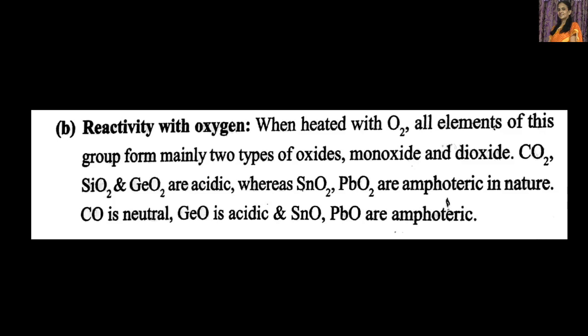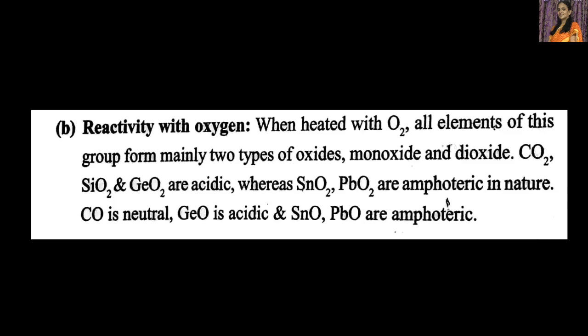To some extent they also exhibit a certain amount of metallic and non-metallic character. Because of that reason, their oxides may be amphoteric in nature.